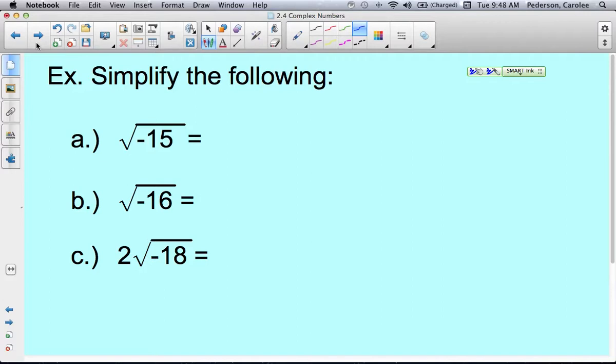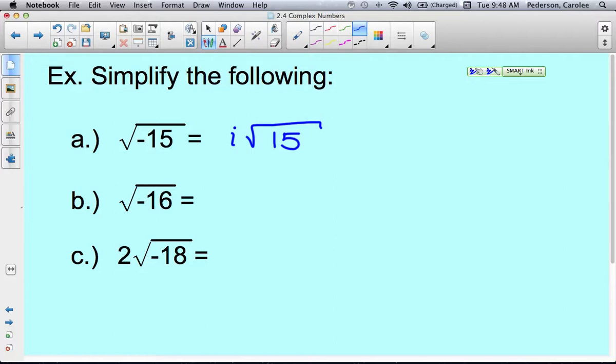What would you do with that one? How would you leave it as your final answer? i square root of 15. And then I would look inside of the radical and I'd say, can I break down 15? Well, I could do 3 times 5 is 15. Doesn't help me at all. So my final answer is in reduced form.